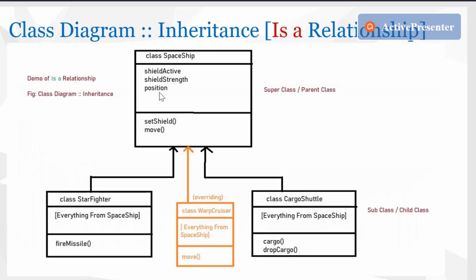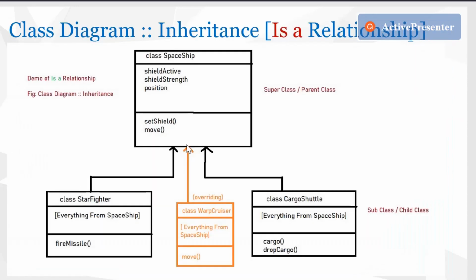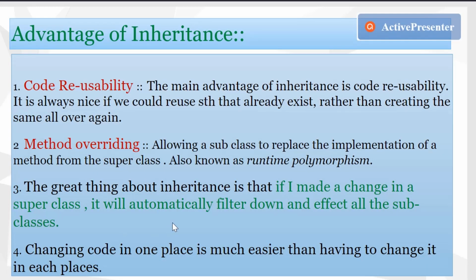Changing code in one place is much easier than having to change it in each place. In one place you change the code, and it filters to all the subclasses. No need to change it in each class. These are the advantages of inheritance.